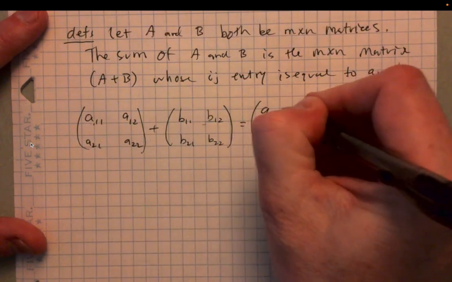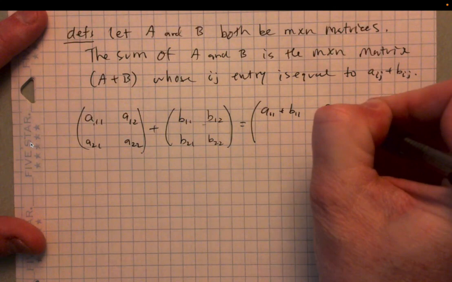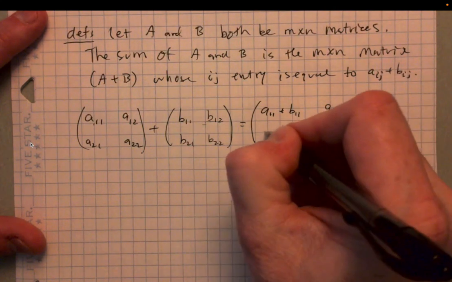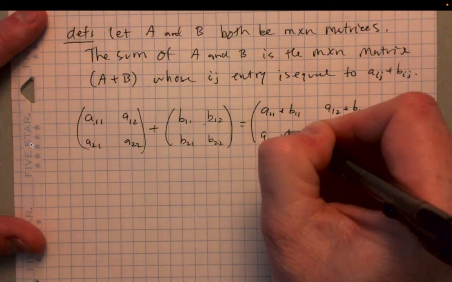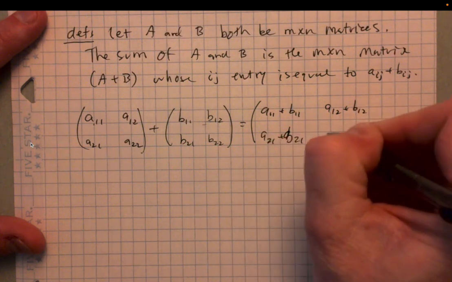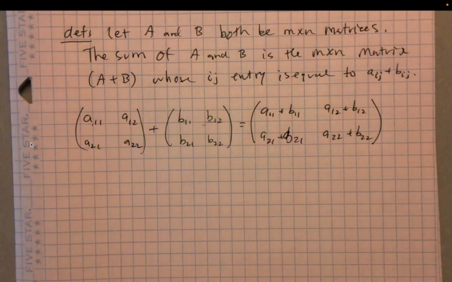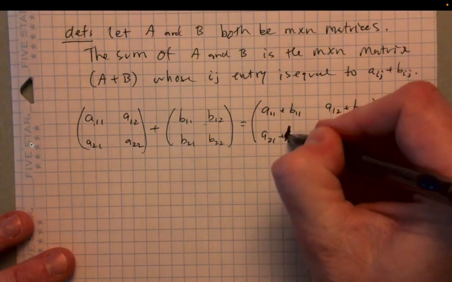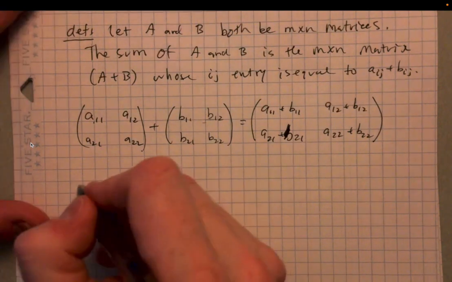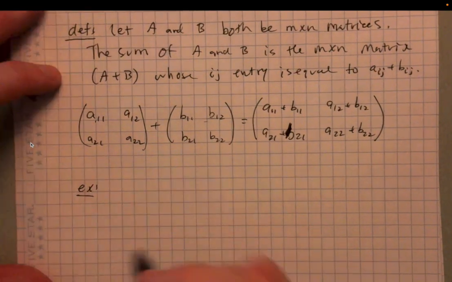So A11 plus B11, and then A12 plus B12, A21 plus B21, A22 plus B22. So it looks like that. Okay, so that's what Aij plus Bij means.